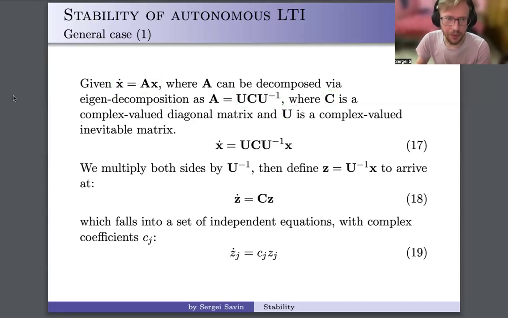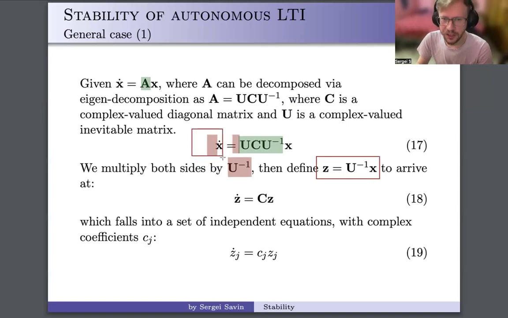We can do exactly the same as we did before. So replace A with U times C times U inverse. Multiply both sides by U inverse. We get one here, right? Then we introduce Z equals U inverse X. Z is also going to be a complex valued vector, right?